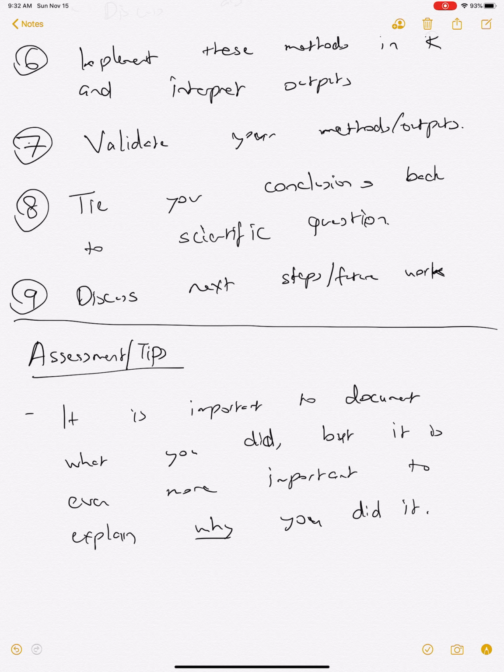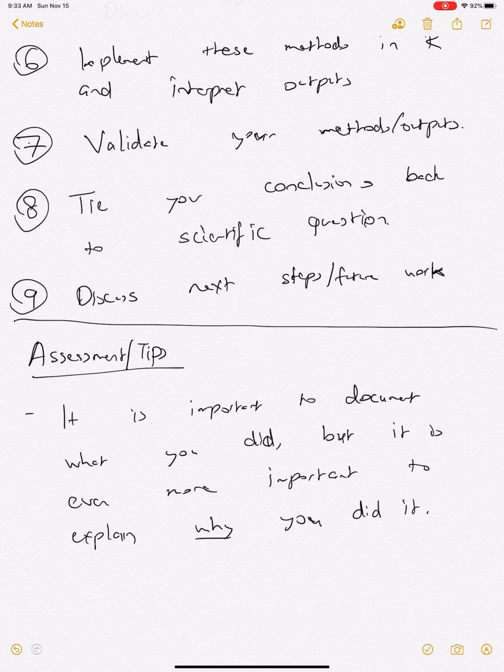This is a common challenge for students: they often spend a lot of time explaining what they did. That certainly needs to be in the report, but what's probably of greater importance is why you actually did that. Because, as I mentioned, you're making a lot of data-driven decisions here that are not black and white. And if you don't say why you did it, then a natural question that someone will ask is, well, I can understand what you did, but why you did it doesn't really make sense to me. So make sure you include that.